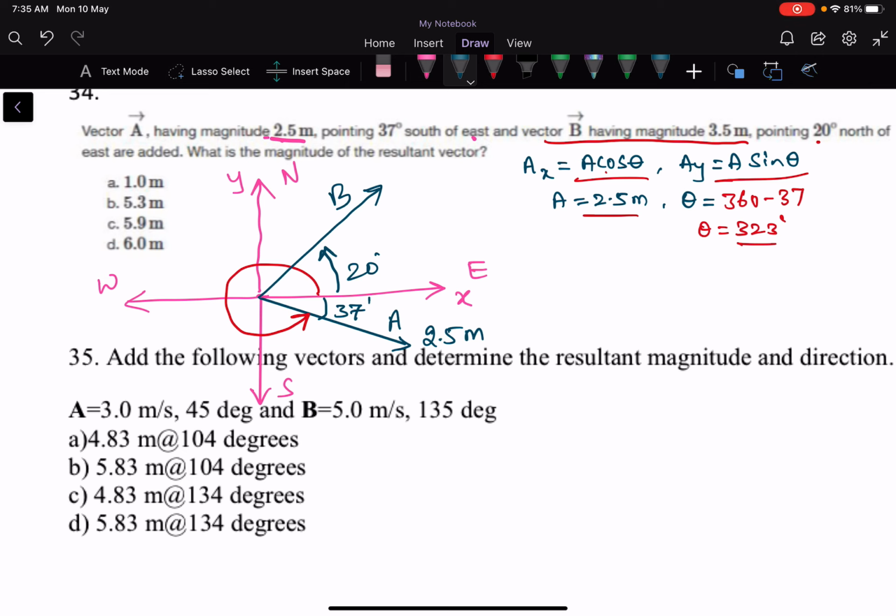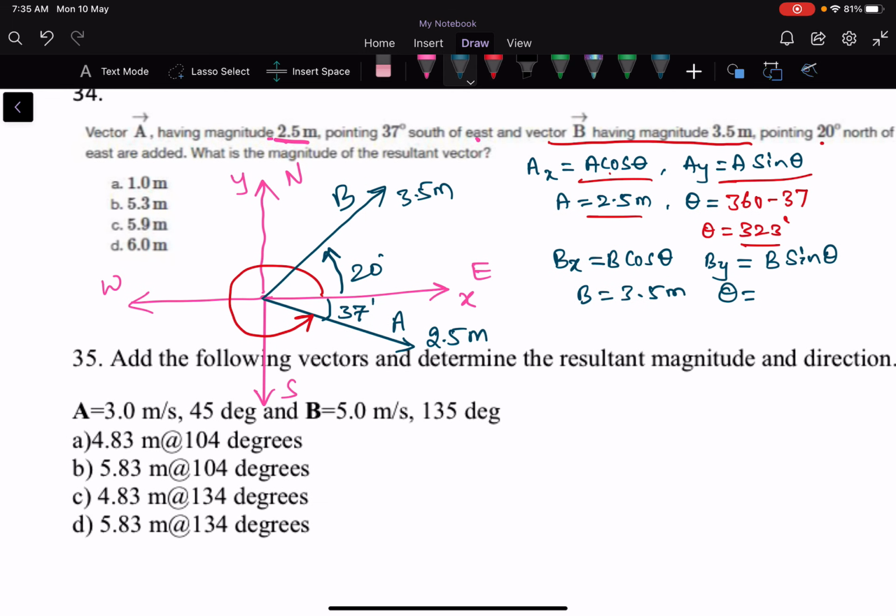Its magnitude is 3.5 meters. So we need to find out Bx value and By value. Bx is B cos theta and By is B sin theta. Here B value is 3.5 meters and theta is from positive x-axis to the vector, in counterclockwise direction, theta is equal to 20 degrees. So you can find out Bx and By here, as we know B value and theta value.